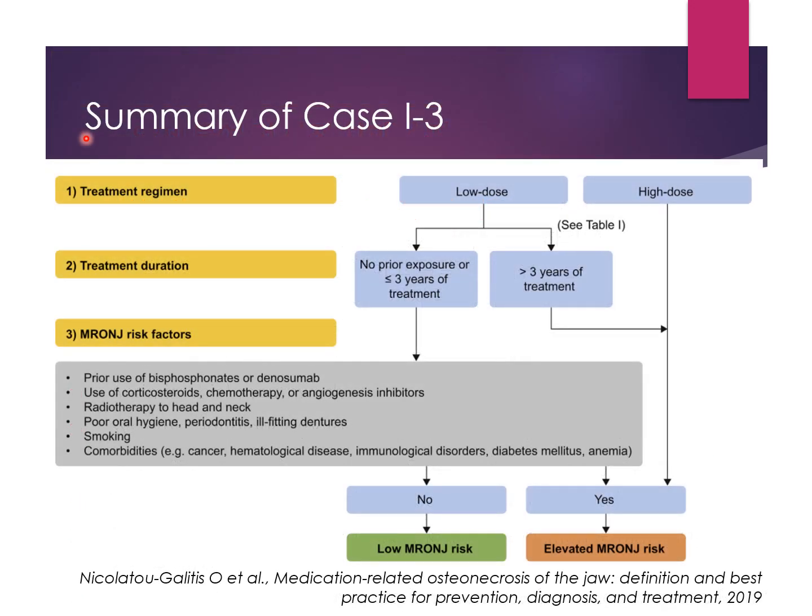Summary of third case. Please check the patient's treatment regimen, duration, and other systemic diseases. Depending on the degree of possibility of MRONJ occurrence, dental treatment is performed properly. Do you take osteoporosis medicine once a week on an empty stomach?